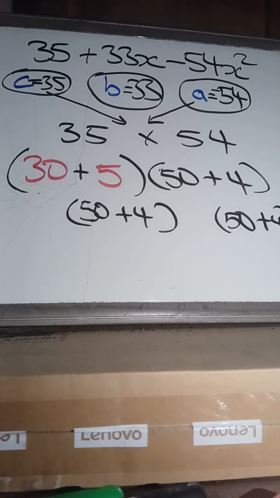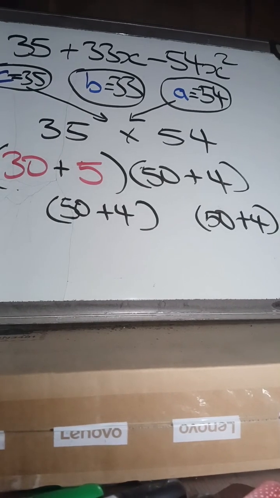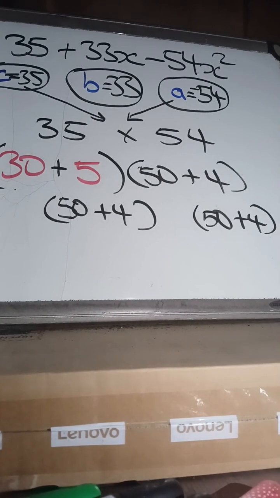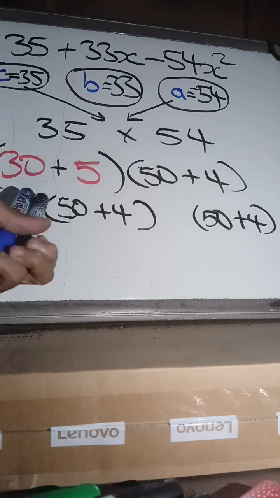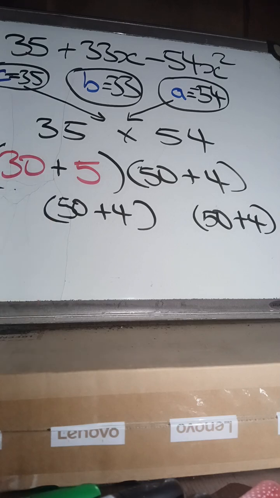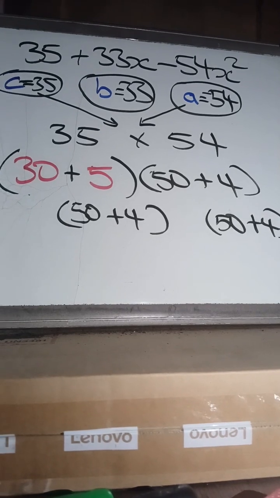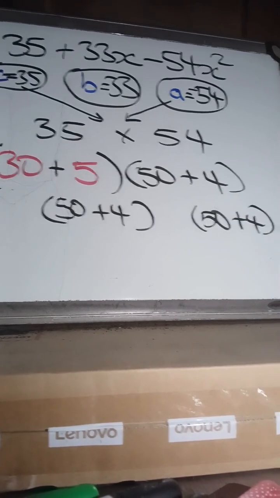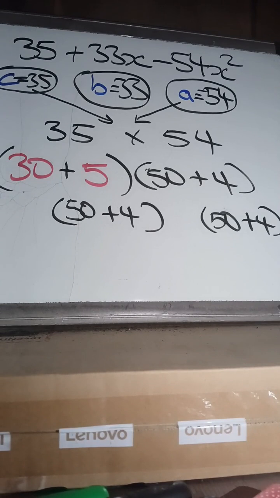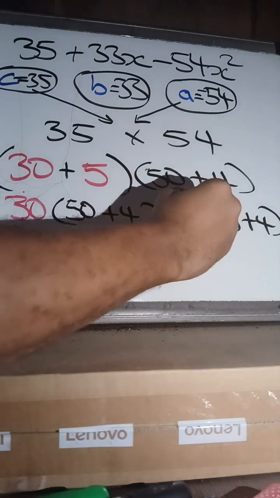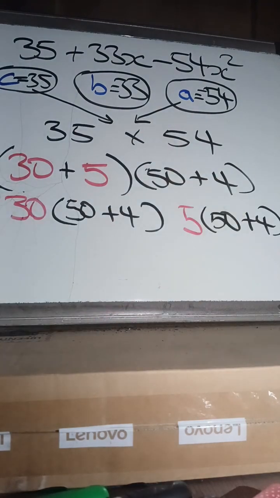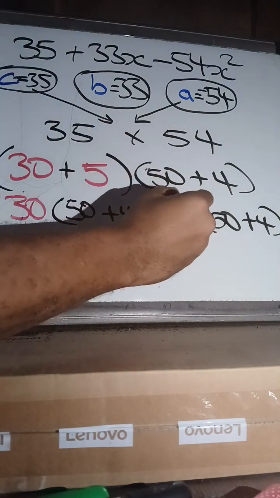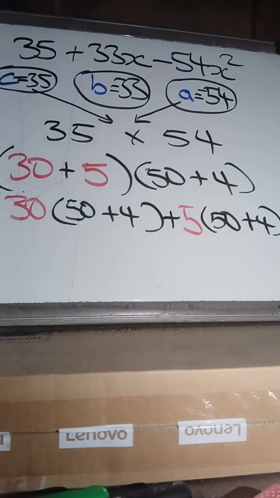Look at that, off screen. Ah, there we go. Alright, so this 30 comes down here, and I'm going to move it so we can see it. So we'll put that 30 in front of this. The plus 5 over here. So move that over.